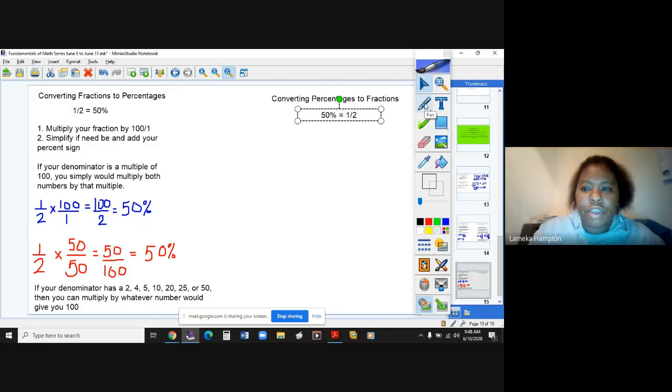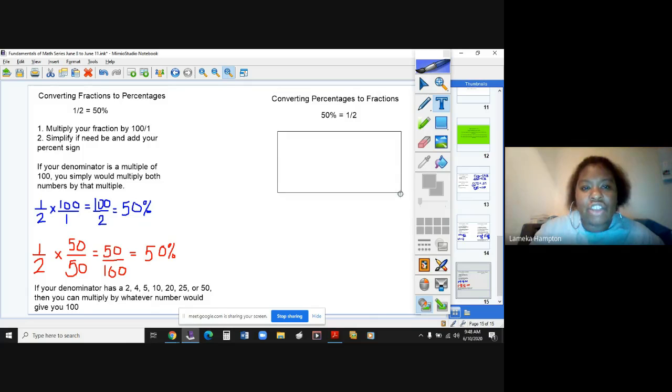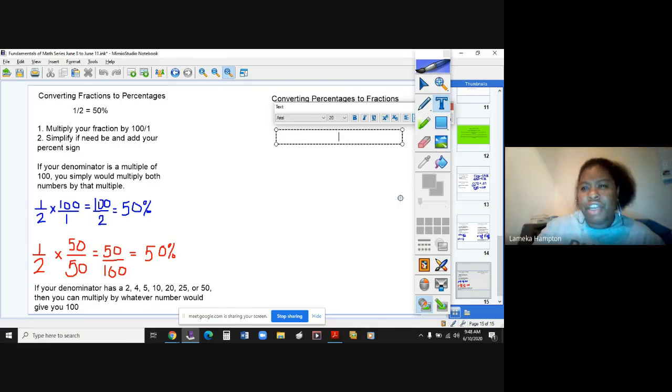Now, the steps are simple. Remember, we talked about this actually on, I believe, Monday when we talked about percentages. Percents are simply just any number over 100, right? So all you're going to do is this. Step 1, put your number over 100.